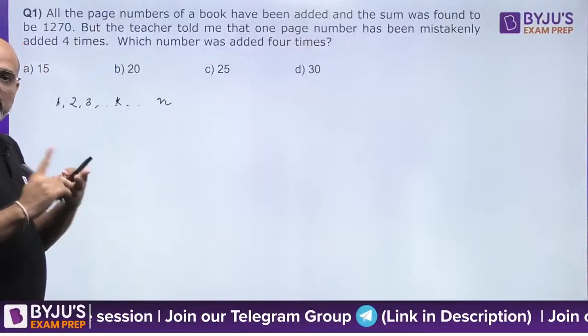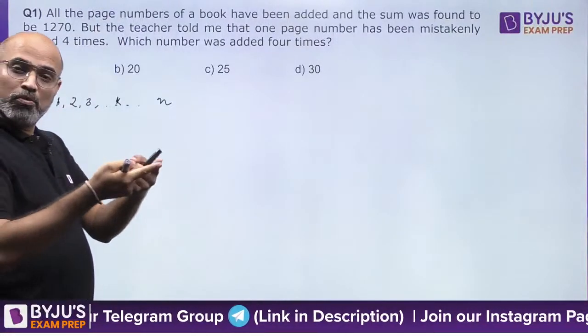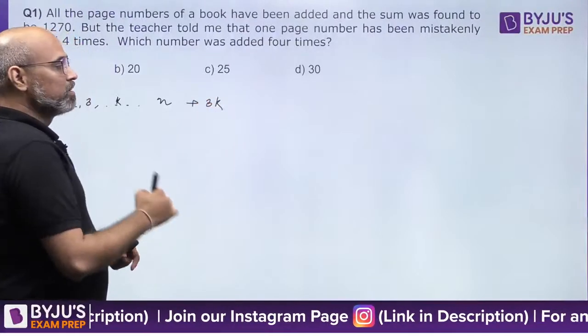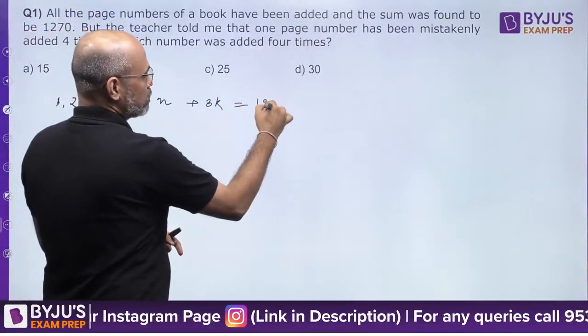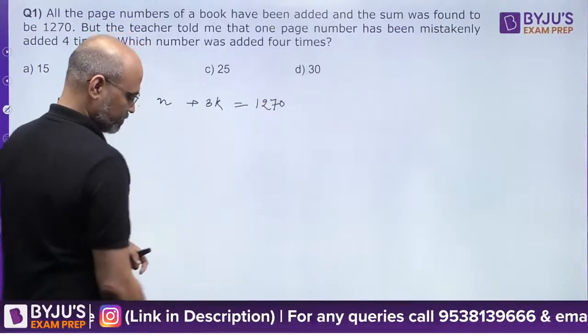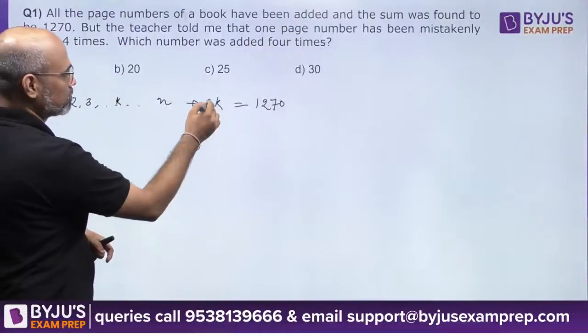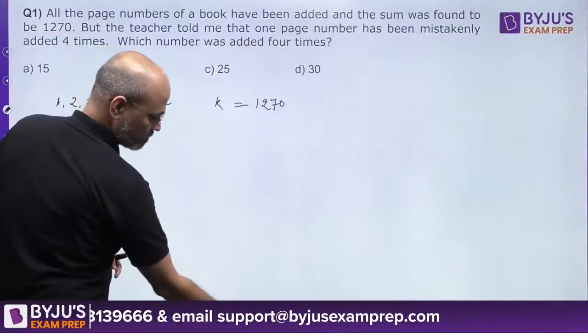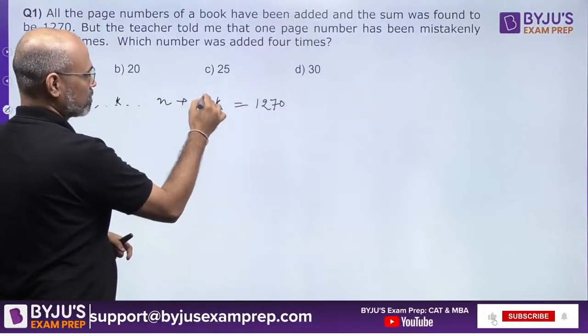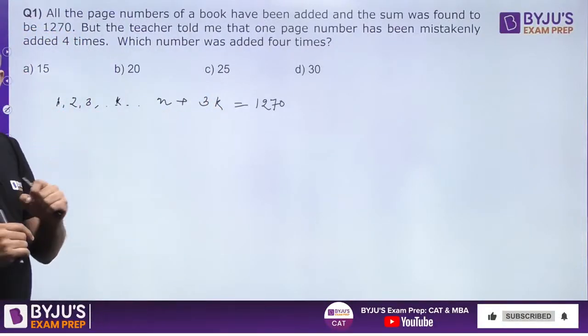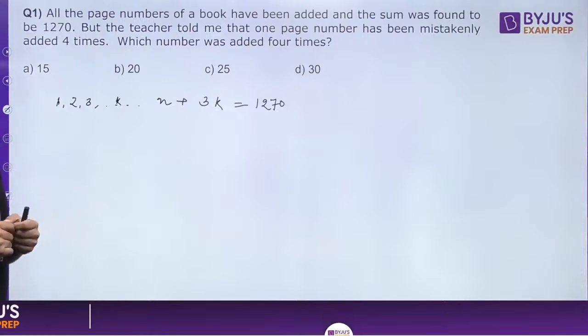So it's added 4 times means 3 times more has been added. So if I add 3k to this, it is given as 1270, right? So I need to figure out what is the value of k, as in which number was added 3 times.